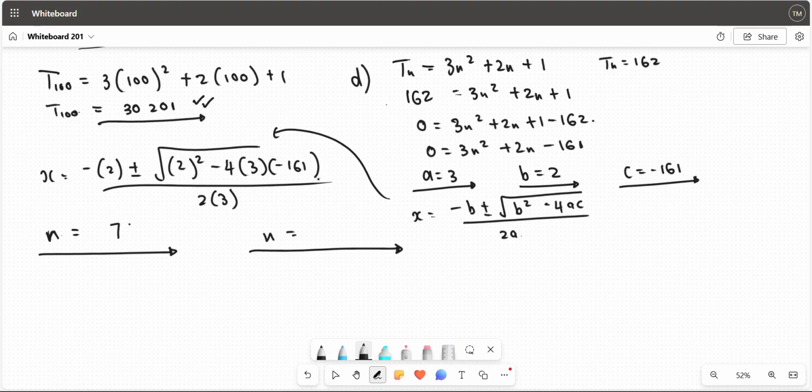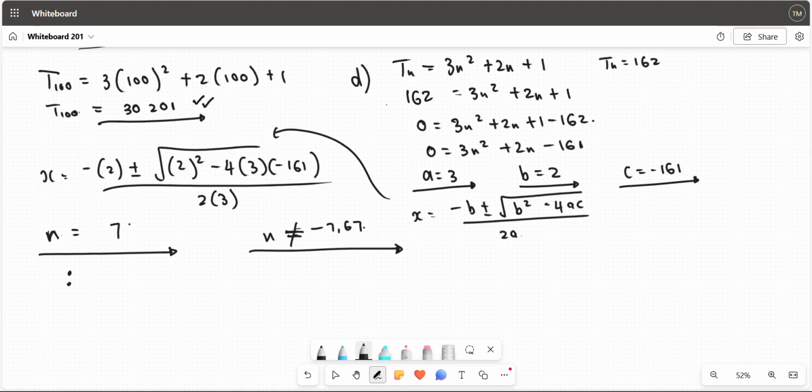And then if I change the sign next to my root into a negative, I get the next one being negative 7.67. So this clearly cannot be a position. You cannot get a decimal position and you can't get a negative position. So I need to reject this one and say n cannot be equal to that. And so the correct answer will be just 7.